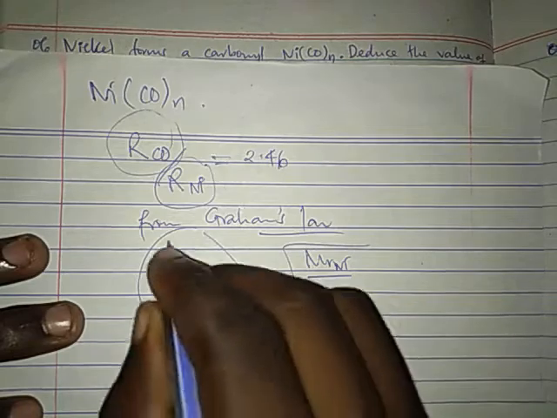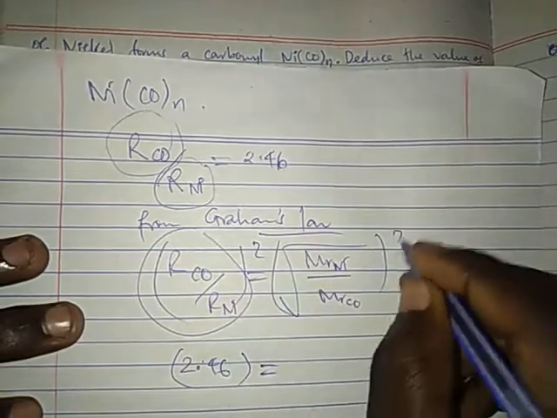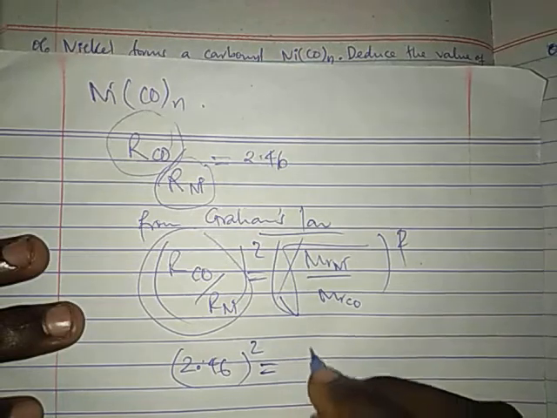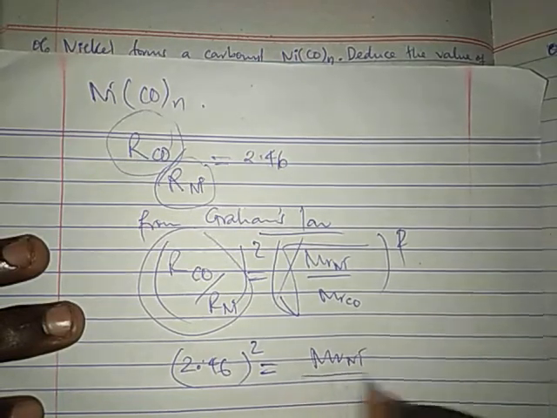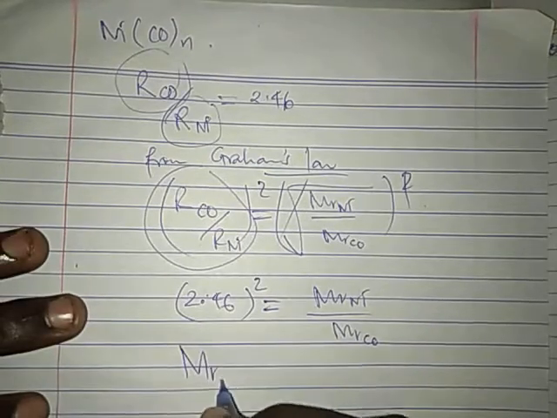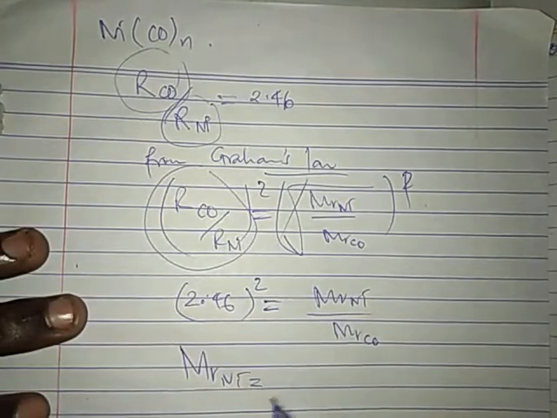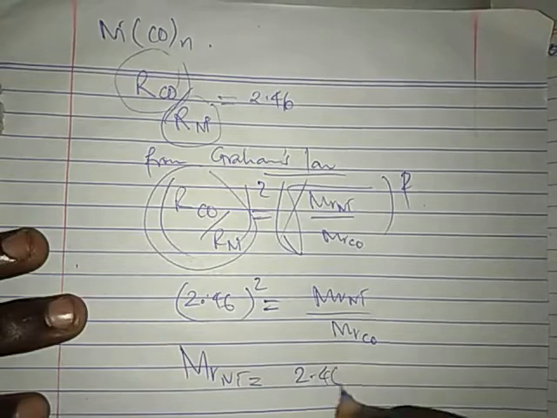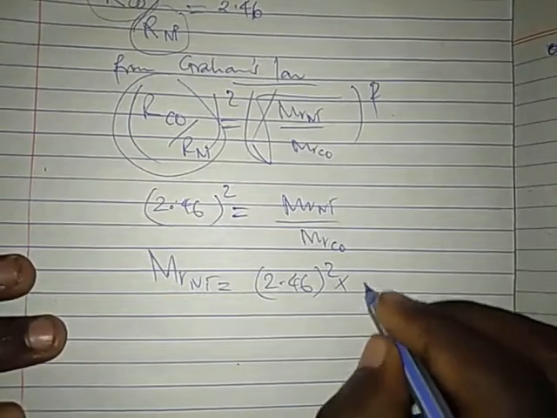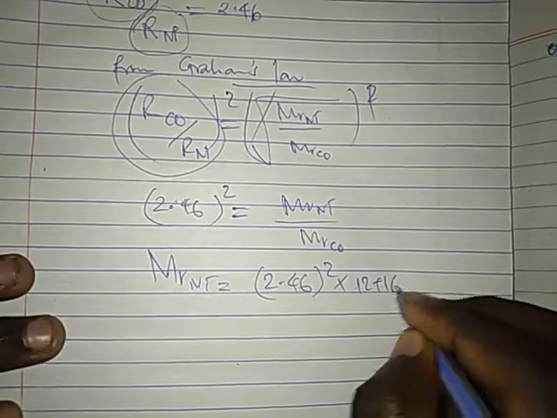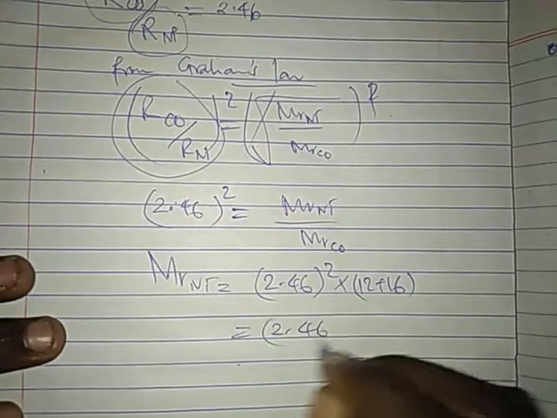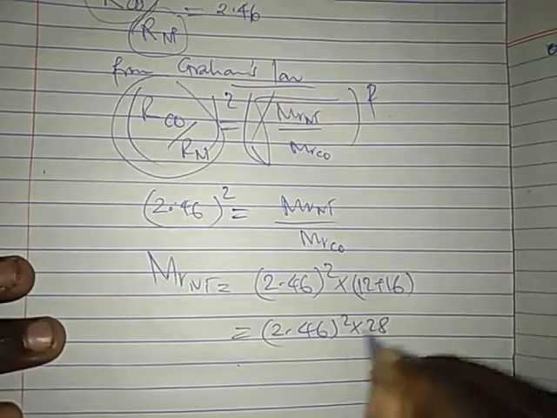Hapa tuna square both sides, kuna square na square kule, kwa hiyo inaisha. 2.46 square is equal to molar mass of nickel compound divided by molar mass of carbon monoxide. So molar mass ya compound itakuwa 2.46 square times molar mass ya carbon monoxide, ambayo ni 12 jumlisha 16, yani 28.